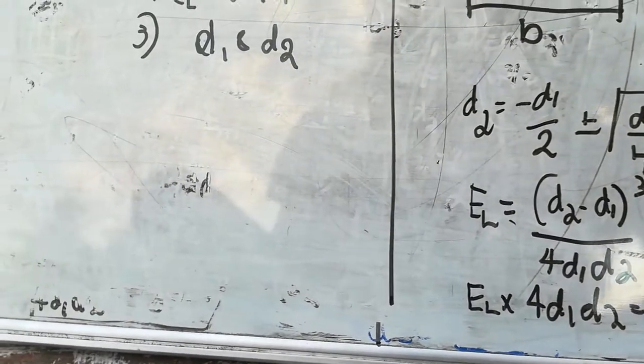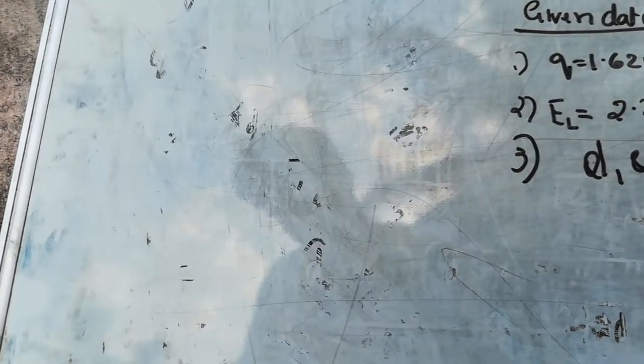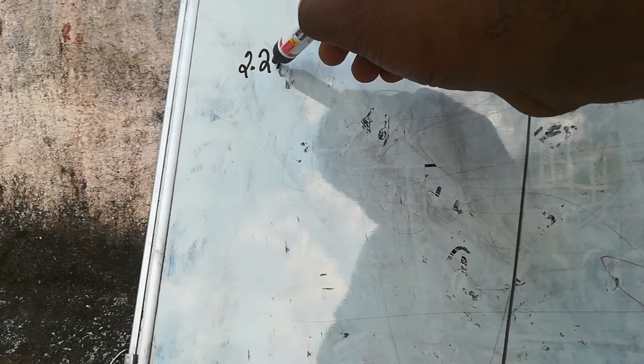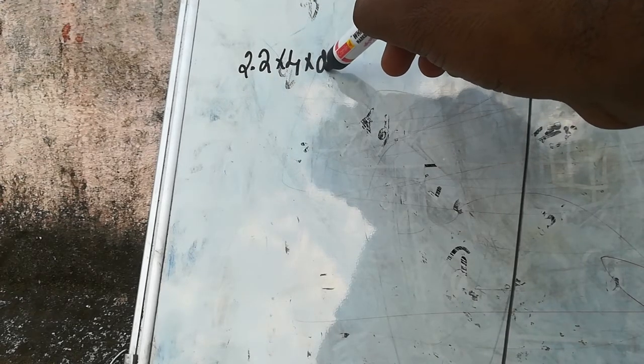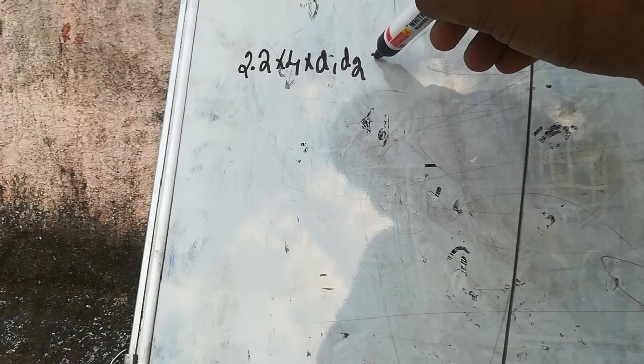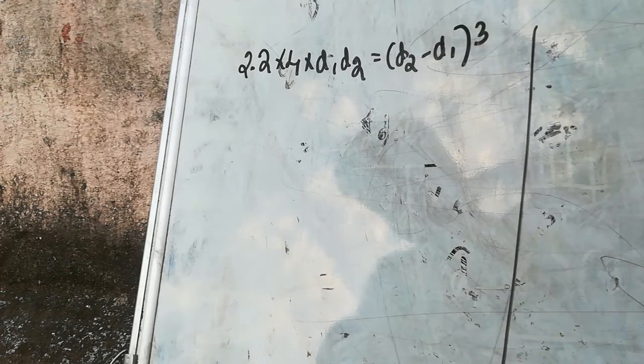Next, in this equation we have the value of EL, which is 2.2. So 2.2 into 4 into d1 d2 is equal to (d2 minus d1) cubed.